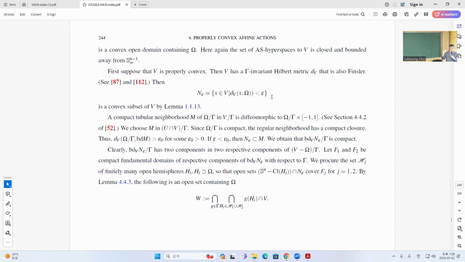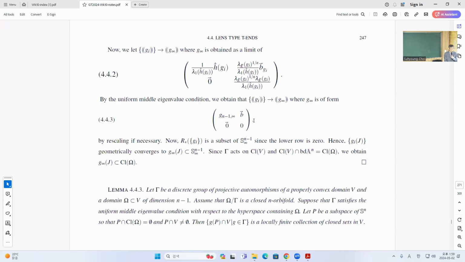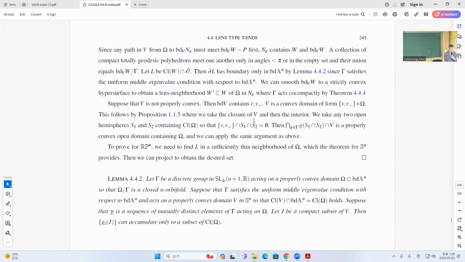So you cut it into some triangulated space with locally finite triangles. To do that, we just need to do some tricks with the hyperspaces, and then we finally smooth this.